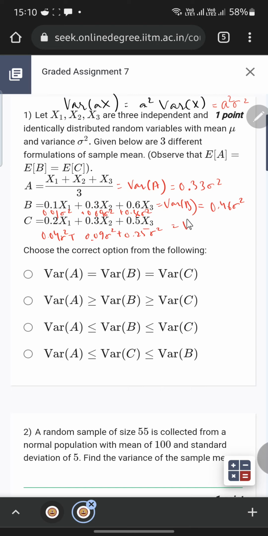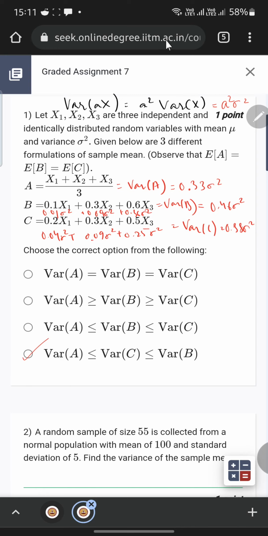So variance of C is 0.38 sigma square. We can see that the variance of B is the highest and A is the lowest, so this is the correct option. I hope you are clear with this. The formulas used here are pretty old, right? We already did them in stats 1, so they are easy to use.